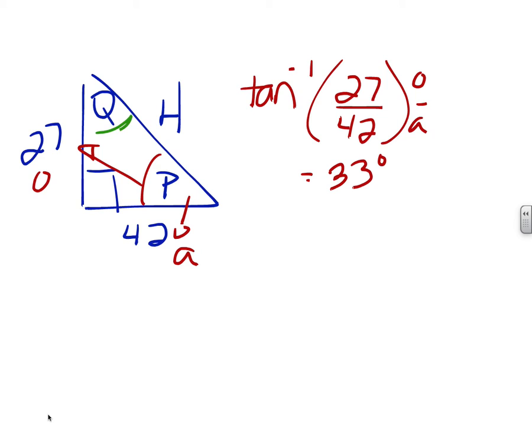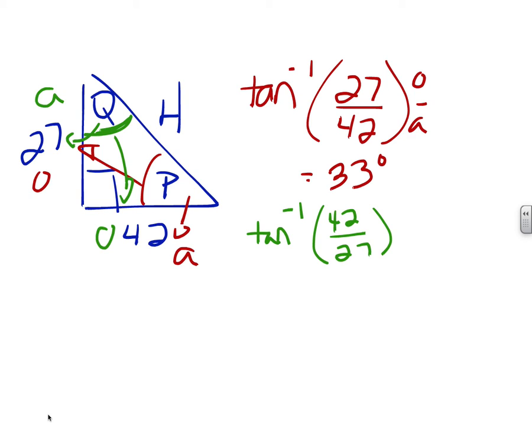If, on the other hand, I am looking for Q, now suddenly 42 is the opposite side, and 27 here is the adjacent side. So I'm still going to use tangent to the -1, but now my opposite side is 42, and the adjacent side is 27, so it's kind of the inverse of the one we did in red there.